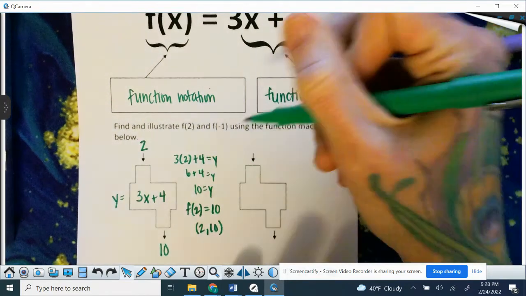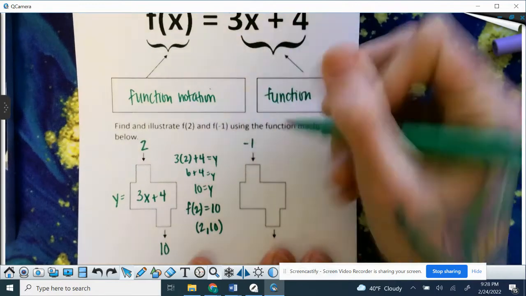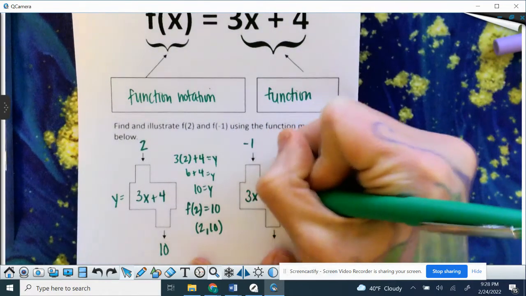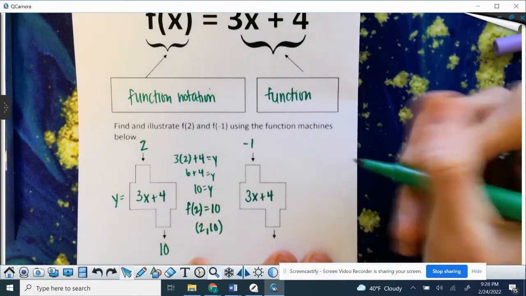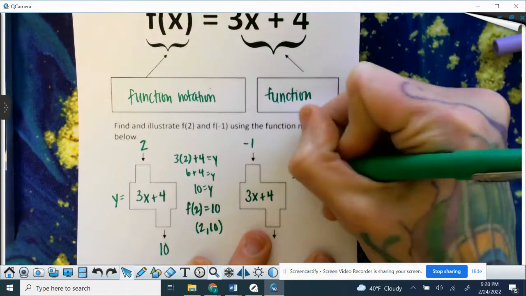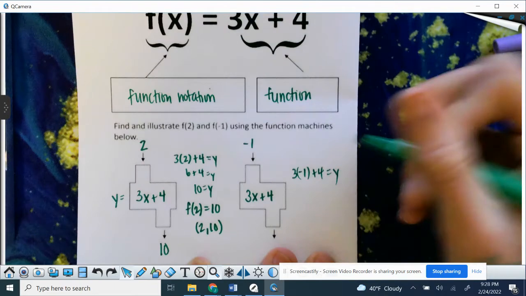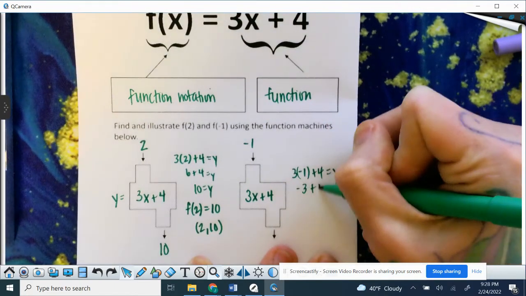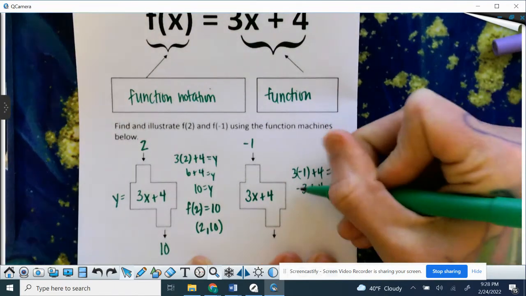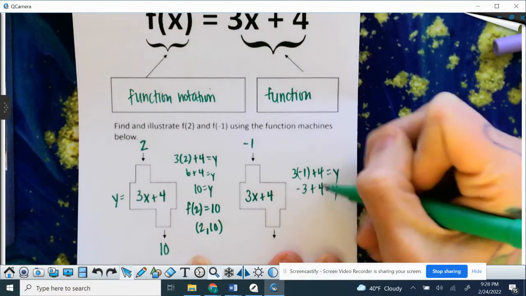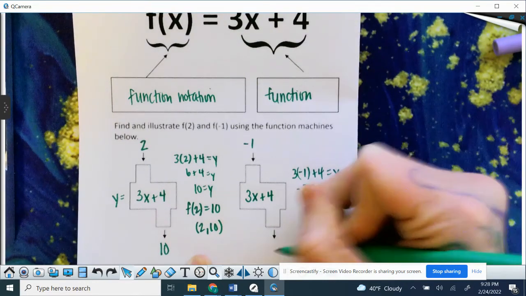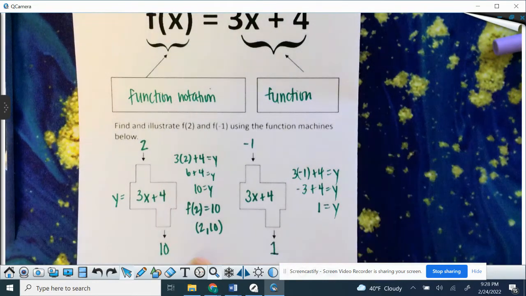So then we want to do f of negative 1. So we're going to plug in f of negative 1. Our function is 3x plus 4, so 3 times a negative 1 plus 4 is our function. And y can go on either side, it's fine. If you like it better on the other side, you can. Negative 3 plus 4. If I owe you 3 and I pay you 4, I end up with a positive 1. So the output is a positive 1.